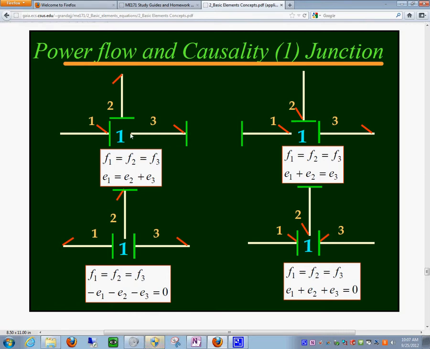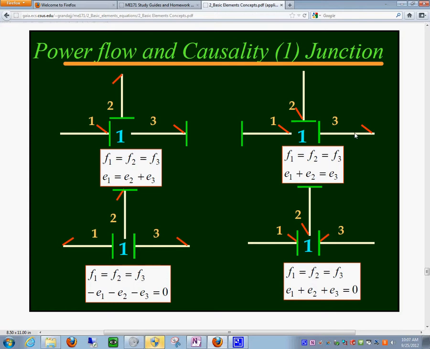If there's one flow in, all the other flows have to be out. See, in this case, F sub 3 is the flow in, and F2 and F1 are flow outs. On this one, in here, which one is the flow in? F1 is equal to, see, in this case, you can write the equation that E1 plus E2 equals E sub 3.